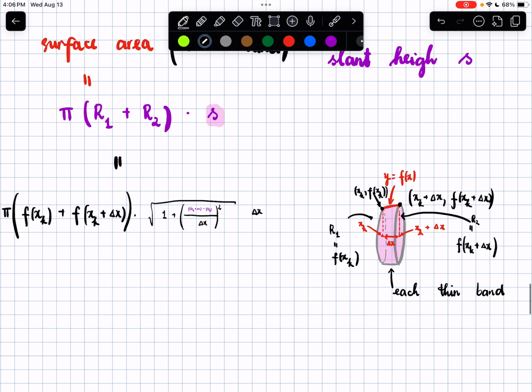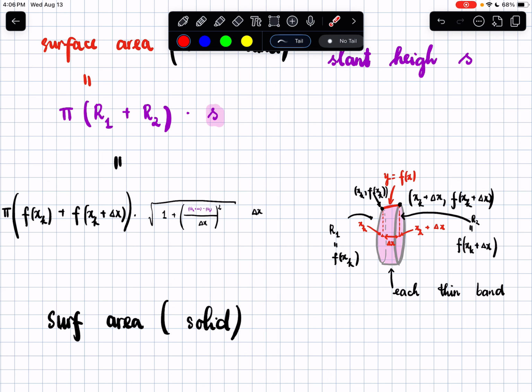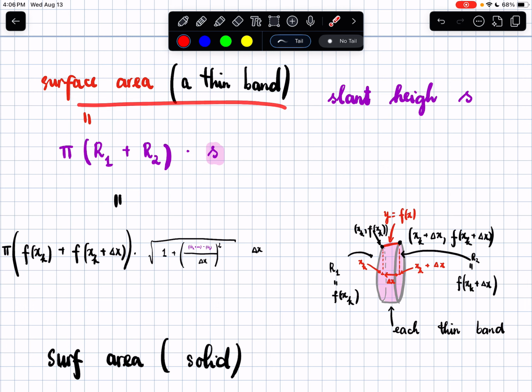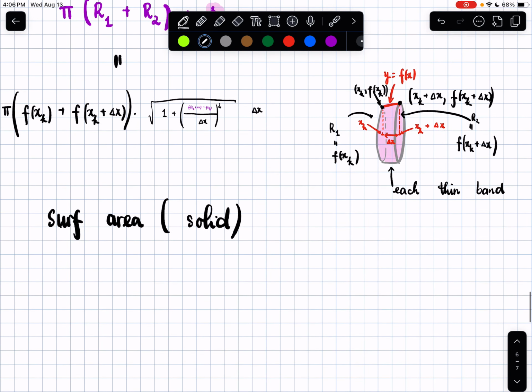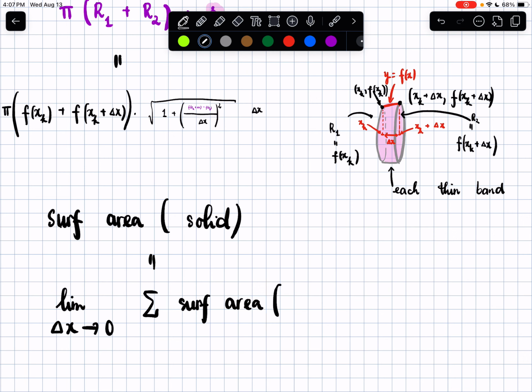And the surface area of the whole solid is the Riemann sum of the surface area of each thin band when the band is so thin, when delta x tends to 0. So this is the sum, when delta x tends to 0, of the surface area of each thin band.